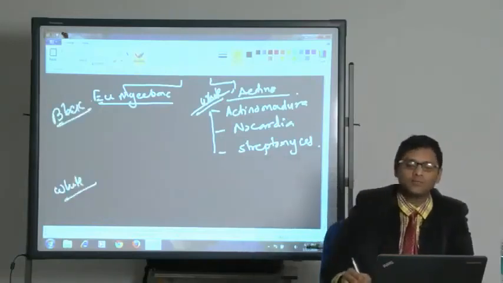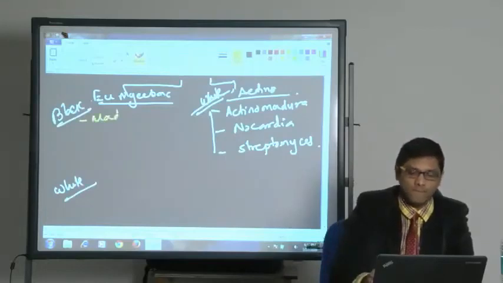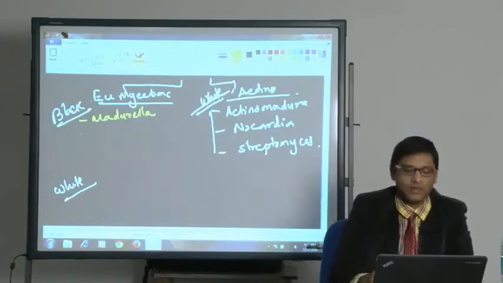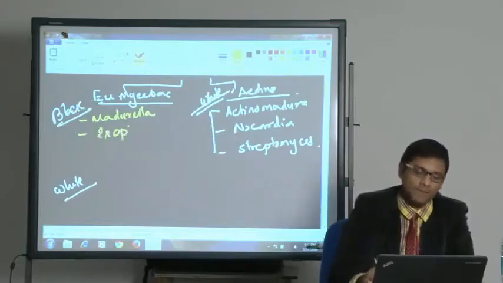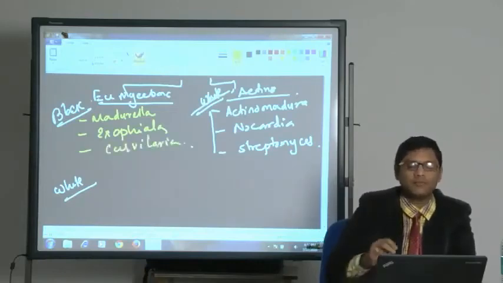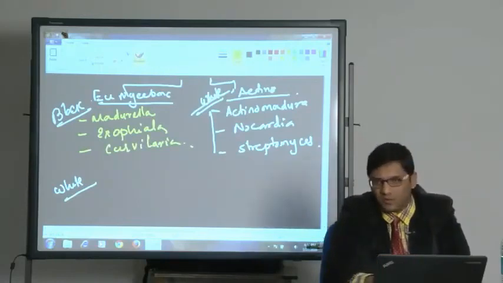Black granule mycetoma agents are Madurella mycetomatis. Apart from that, Exophiala, Curvularia. All these are black granule eumycetoma.